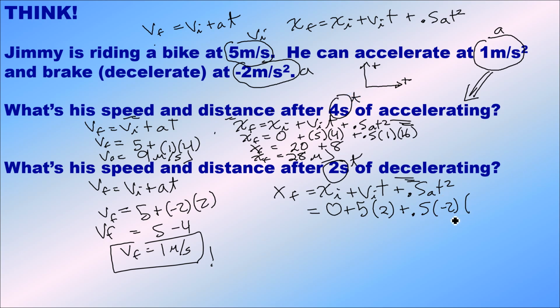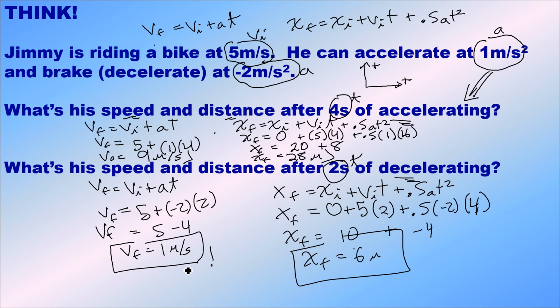I forgot to mention that. And then 2 squared is 4. And we'll plug all of this in. 5 times 2, order of operations. And then this will give us -4 if I multiply all that. And that gives me a final position of 6. So if he starts slowing down, he will end up going 1 meter per second, and he will travel 6 meters while he's slowing down.